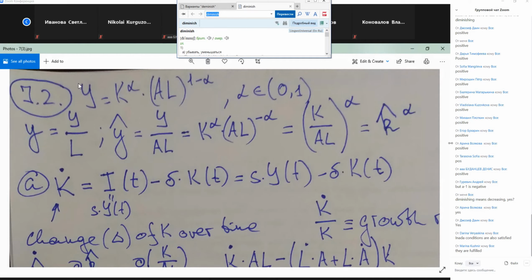This is big Y, capital Y, uppercase Y. It means total output in the whole economy, which is a function of aggregate capital, aggregate labor, and technology. This is the total, or aggregate, output.